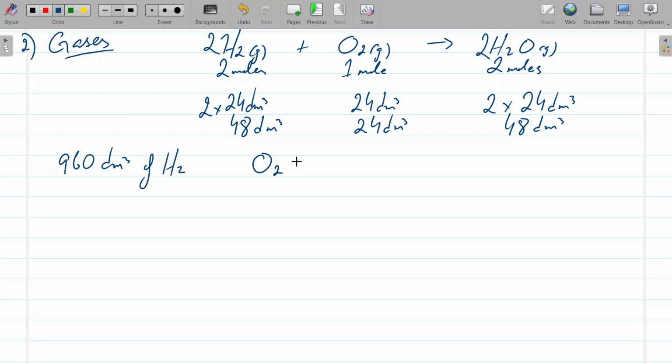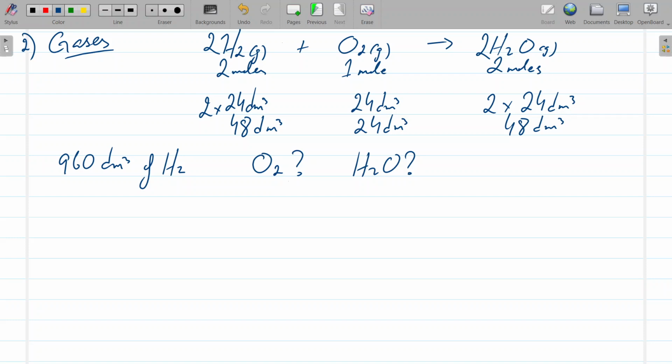What are the volumes of O2 and H2O produced? Could you repeat the question? The ratios we have are 2:1:2. And so the question is, right?